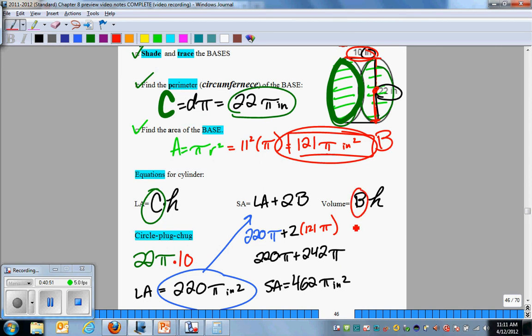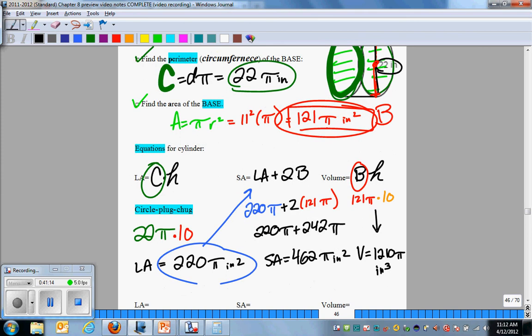Now last one, volume. Volume, we already have our base again, 121 pi, times our height, which we already have, is 10. 121 times 10, just add a 0, so our volume is going to be 1,210 pi inches cubed. Watch your units here.